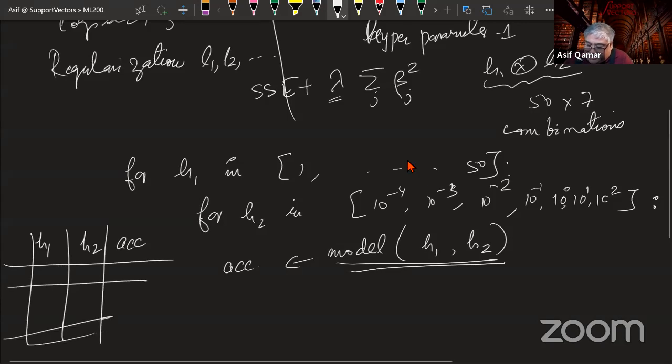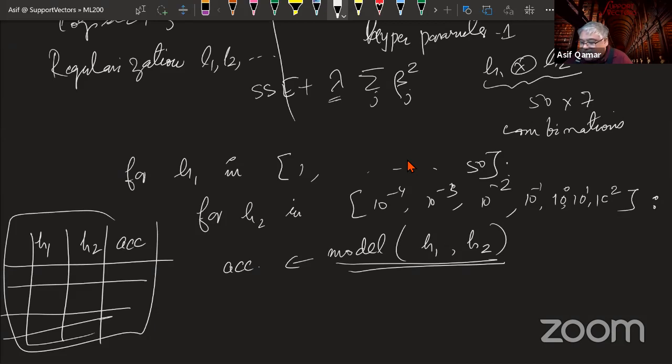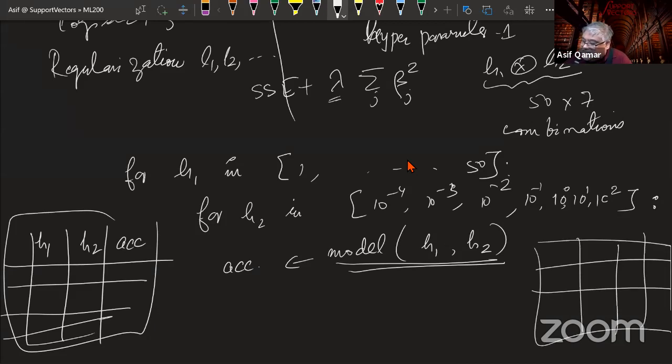At the end of running through the two for loops, you're essentially going through every point of the grid, because this Cartesian product is this grid. These are the H1 values, these are the H2 values. At every single combination of these two, you will have a certain value, and from this value, you will then pick the minima.